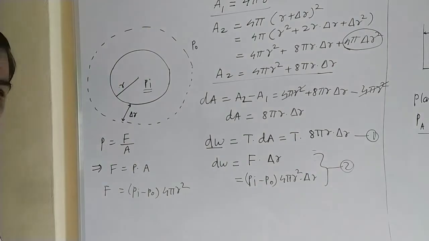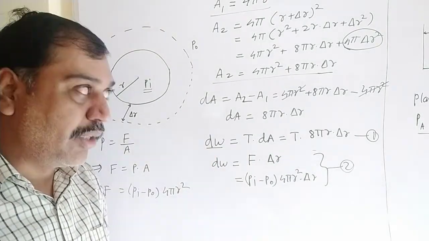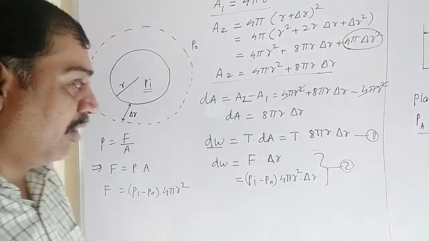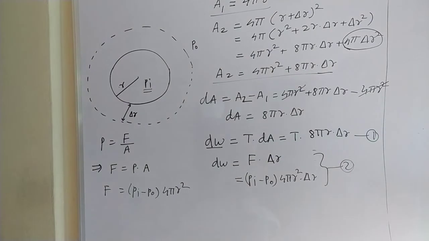Now we have two equations. Equation 1 gives dW, and equation 2 also gives dW, so in both cases we get the work done. So equate these equations. As the left hand side of both equations is the same, the right hand side of both must be the same.